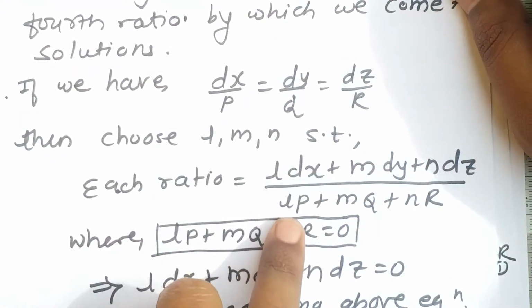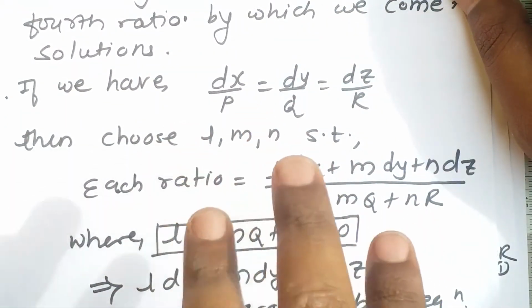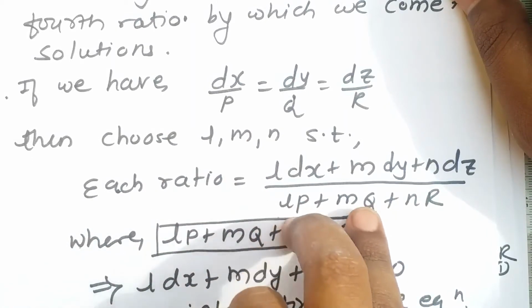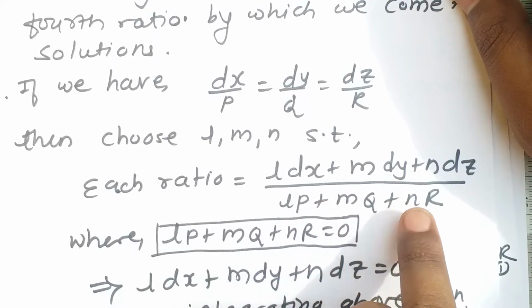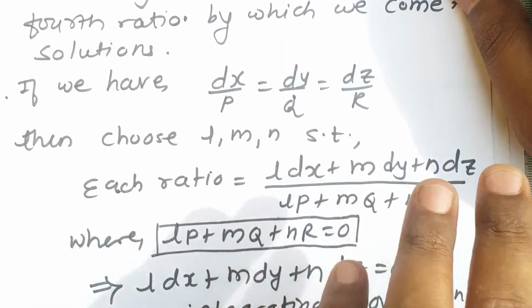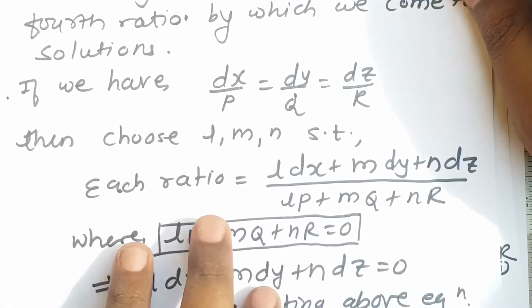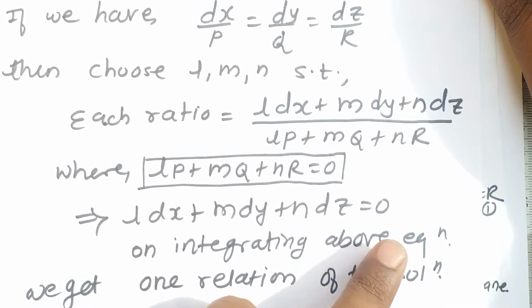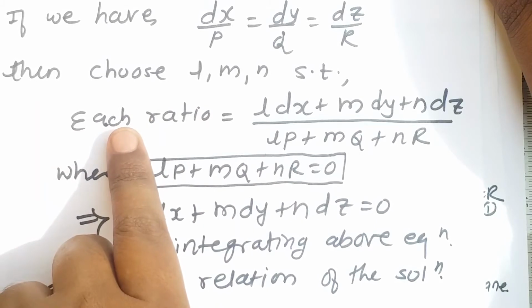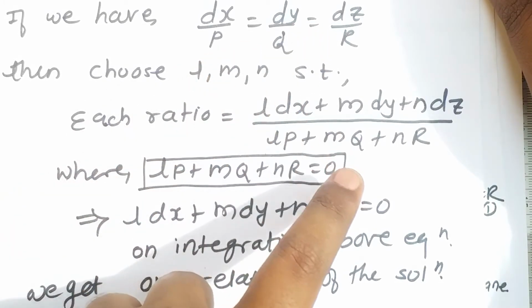Means whatever element you are selecting, after selection of that element, we must get in the denominator the value of LP plus MQ plus NR as 0, and that only gives us the differential equation L dx plus M dy plus N dz equal to 0, because on this side we have ratios, and here we got 0.